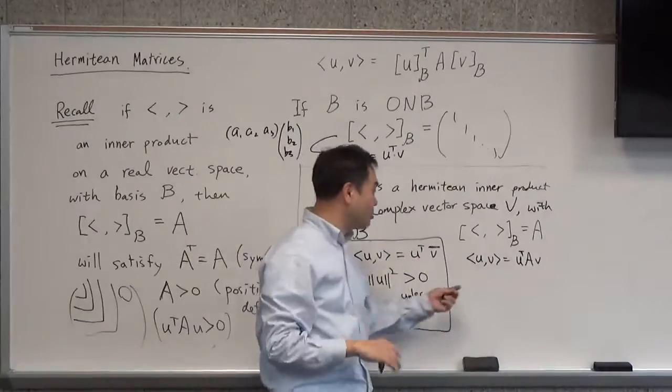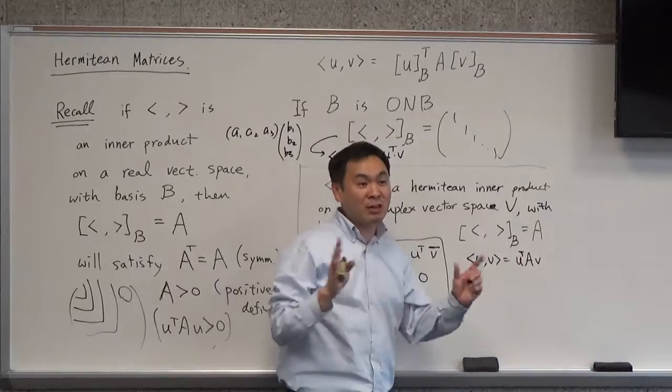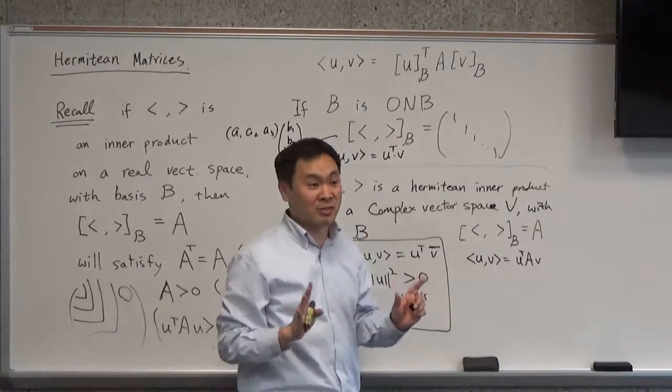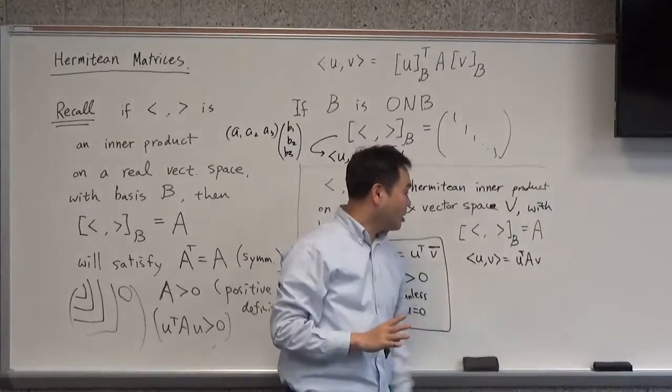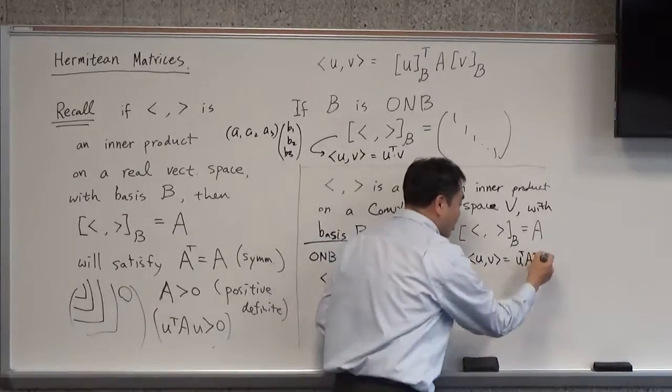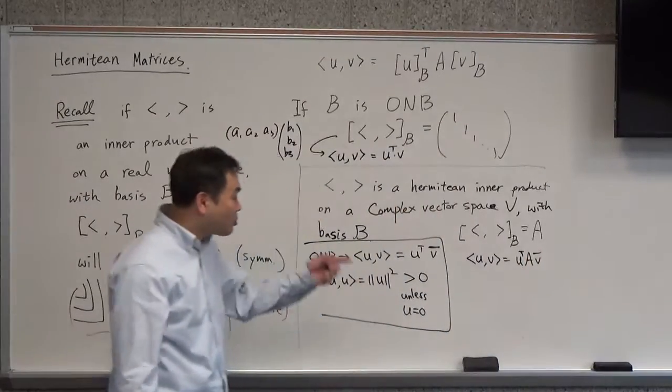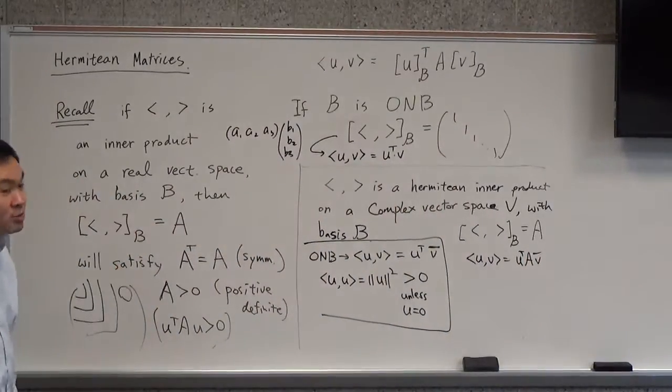So we're just going to assume that U and V are already matrices with respect to some basis. Oh, I forgot the complex conjugate here. So that's what the Hermitian inner product is going to look like.